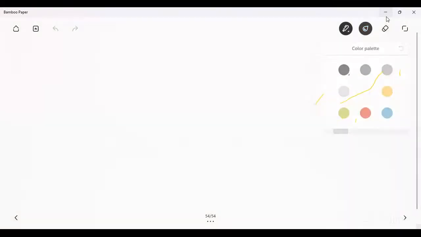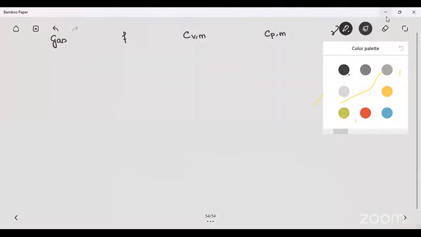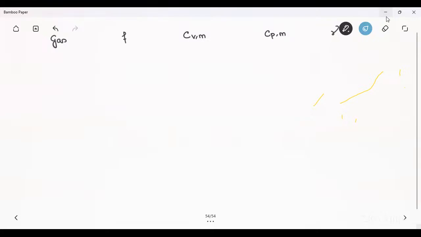Okay, so just give the heading gas, then F, then CVM, CPM, and there comes gamma. So what are the types of the gases? This is monoatomic.